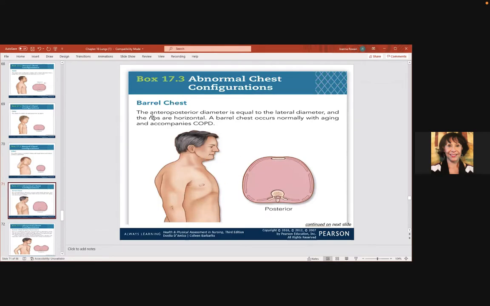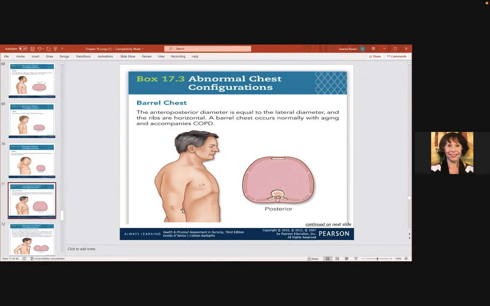Barrel chest: the anterior posterior diameter is equal to the lateral diameter and the ribs are horizontal. A barrel chest occurs normally with aging and accompanies COPD. See how the front is as wide as the side?